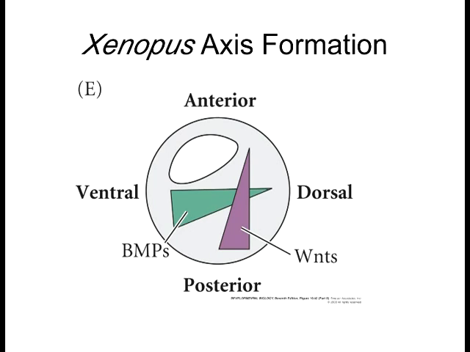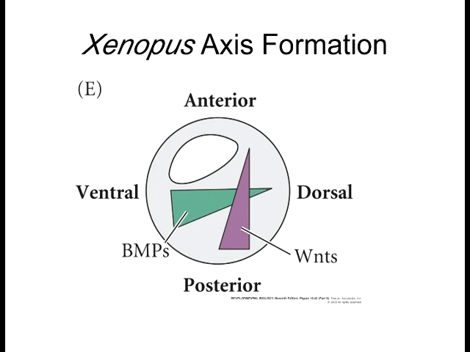You have high levels of this morphogen factor, and then it gets lower and lower as it gets dispersed through the vegetal pole. So the maternal components are BMPs on the ventral side and Wnt on the posterior side, and that's how the anterior-posterior axis and the ventral-dorsal axis are typically determined.